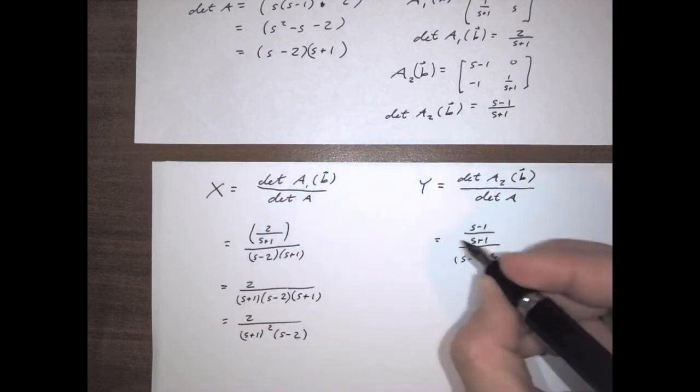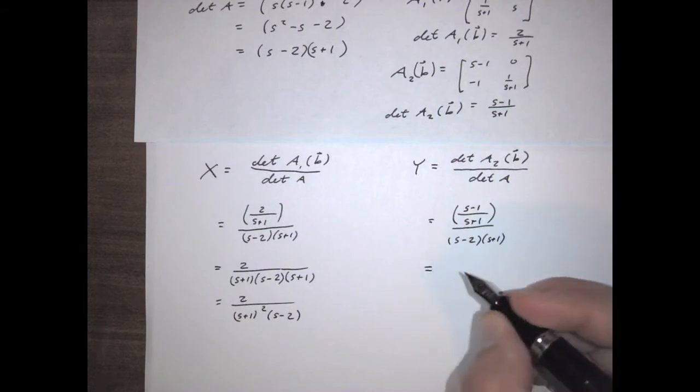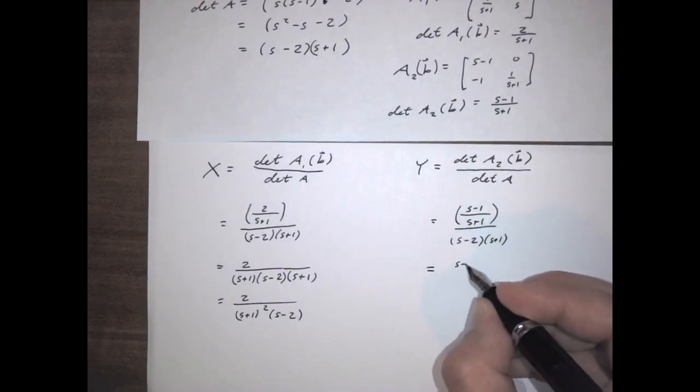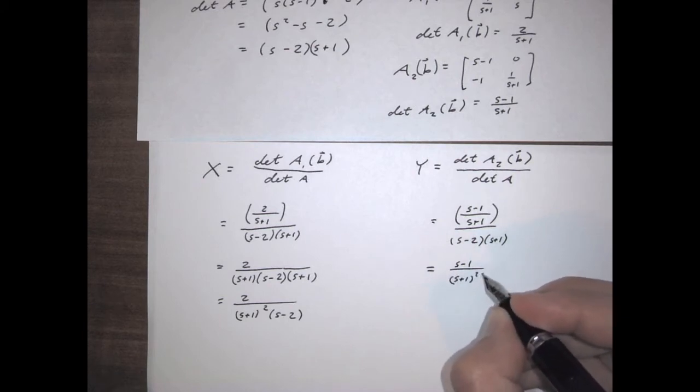And here I'll put parentheses to indicate exactly where these divisions are happening. And so by the same logic, that's going to be s minus 1 over s plus 1 squared times s minus 2.